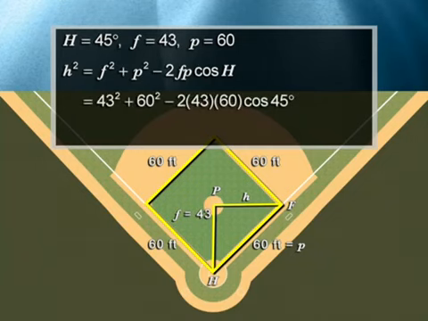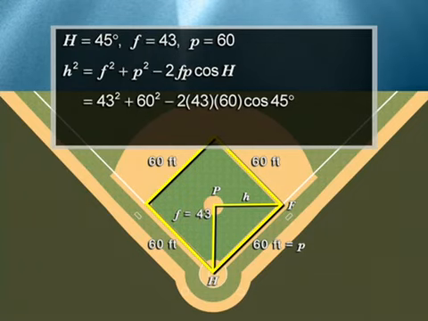So it's 43 squared, because that's the distance from the home plate to the pitcher's mound, plus 60 squared, that's the distance from home plate to first base, minus 2 times 43 times 60. I'm just doing the law of cosines, times cosine of the included angle, and that angle was 45 degrees.